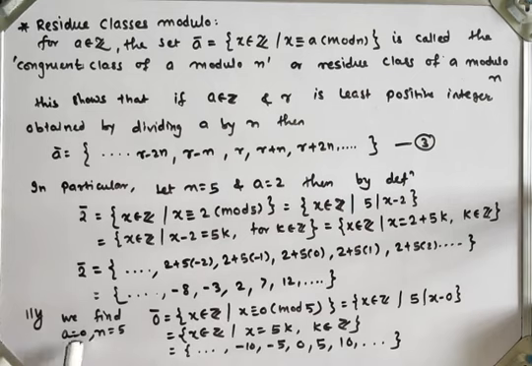So if I take values of a as 1, 2, 3, then we can easily find the residue classes modulo n. Let's see the theorem statement.